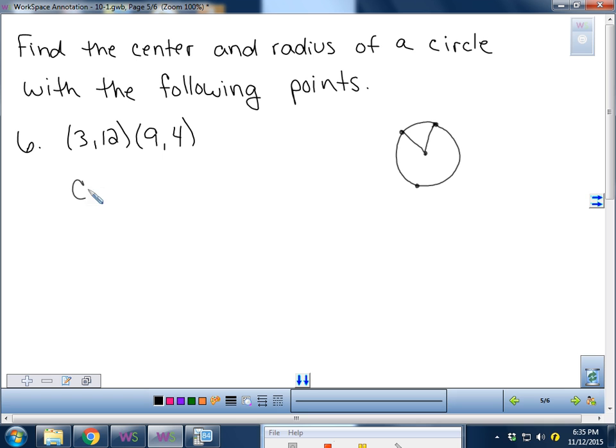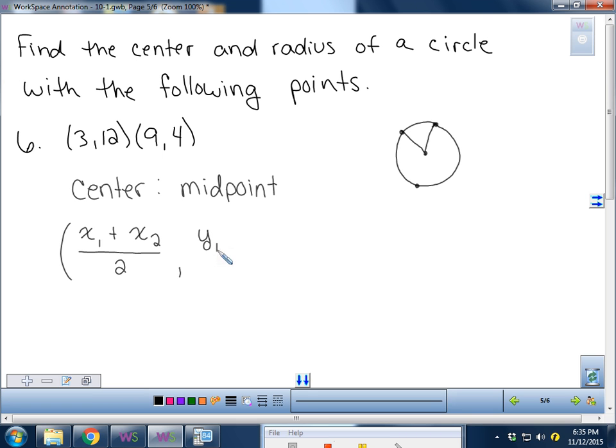So to find my center, I'm going to use the midpoint formula. Okay? So the midpoint formula tells me that I take my x values and I add them together and I divide by 2. That gives me the x value of my center. All right?